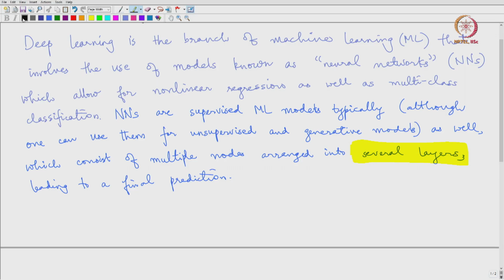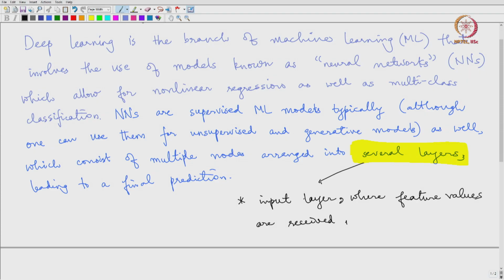Okay. So, these layers can include an input layer, where feature values are received into the network. So, that is called the input layer.